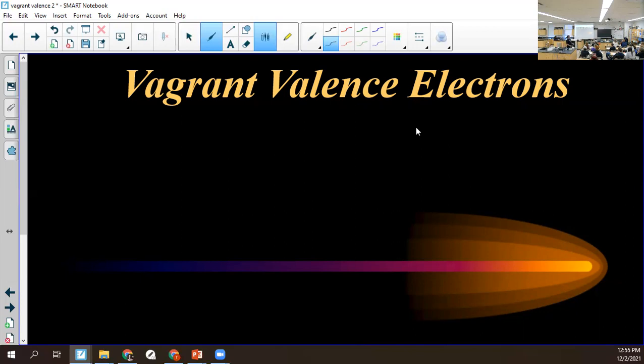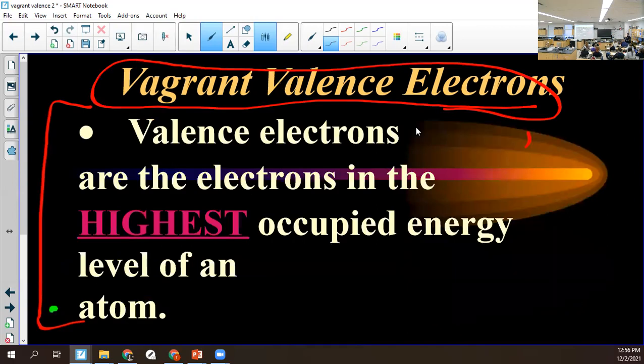It means homeless. They move where they want. They're nomadic. Perfect. So vagrant, valence electrons. We've talked about them before. They are the electrons in the outermost shell. We have core electrons, the ones in the middle of the atom, and the valence electrons are on the outside. So vagrant valence electrons means electrons moving on the outside of the atom.